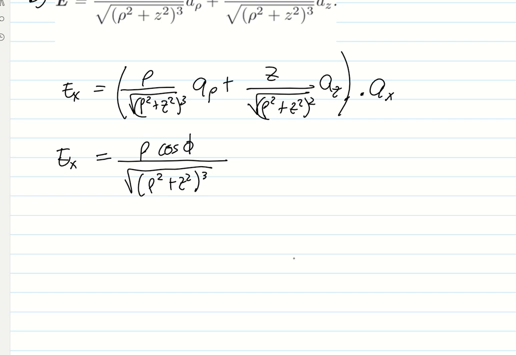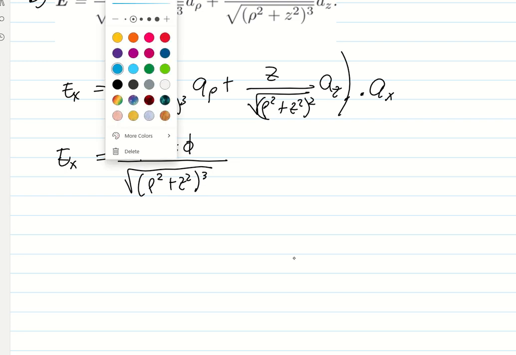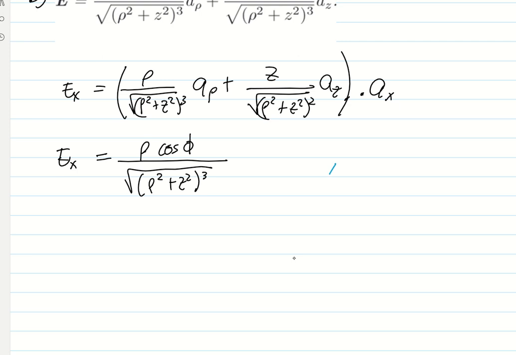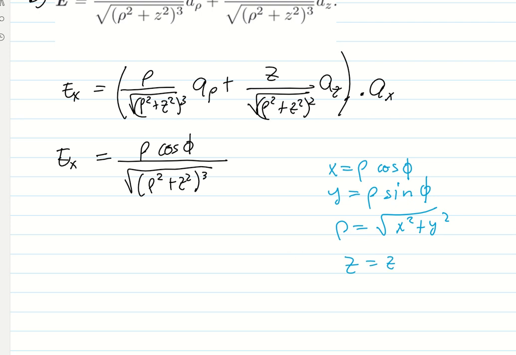If you remember the formulas between cylindrical and rectangular, x is equal to rho cosine of phi, y is equal to rho sine of phi, and rho is equal to the square root of x squared plus y squared. That's it, because z is just equal to z. The z in the rectangular is the same z as in the cylindrical coordinate system.